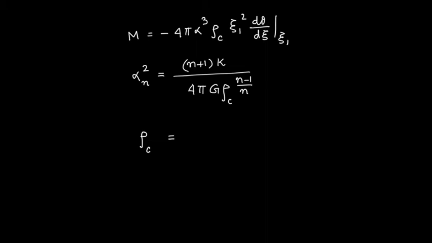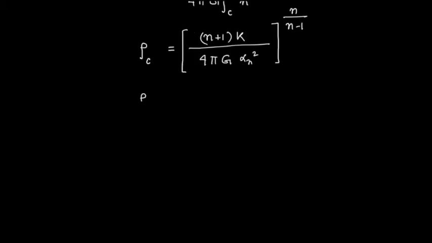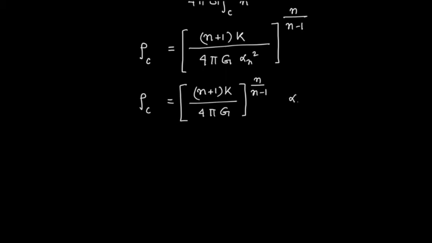So the central density, using the expression for alpha n, I can write as n plus 1 into k by 4 pi g, whole to the power n by n minus 1, and then alpha n to the power 2n by 1 minus n, because alpha n square was in the denominator.